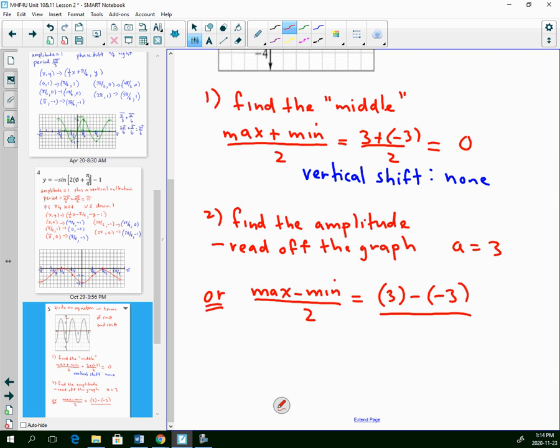So the maximum is 3, the minimum is -3, the difference would be 6 divided by 2 is 3. Okay, so if you like to have a formula for the amplitude, it would be the top minus the bottom over 2. Okay, so that's my A, amplitude, and that's my B, vertical shift. Right?